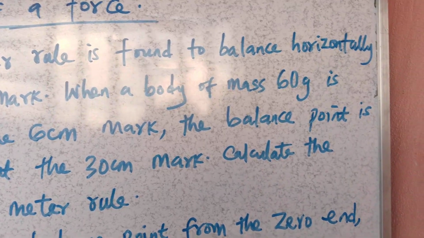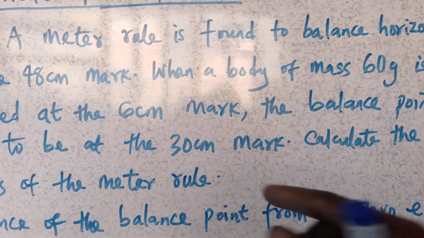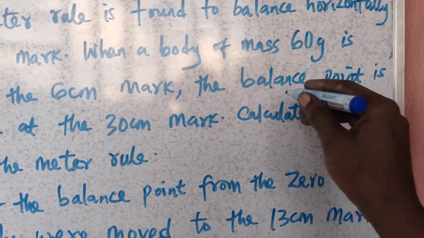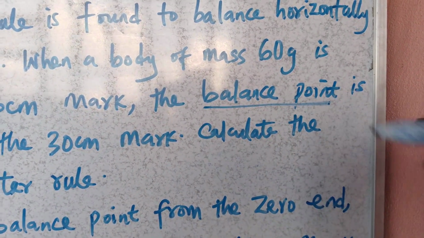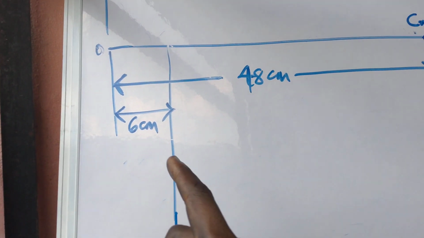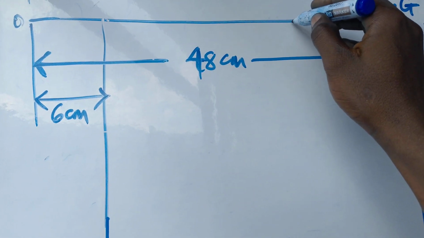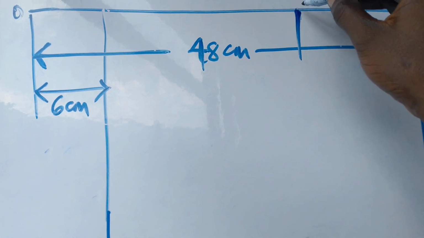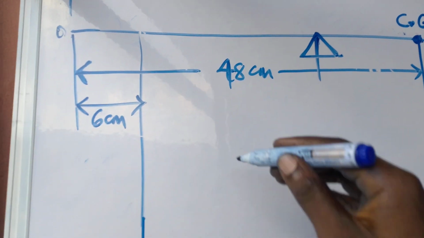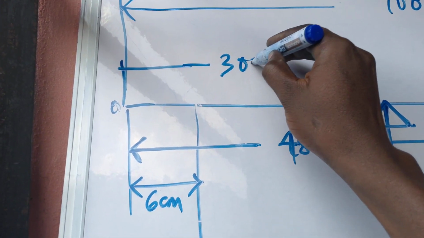Alright. It goes on to say that the balance point is found to be at the 30 centimeter mark. You must know that this balance point is the pivot or the fulcrum. So the pivot is found to be at the 30 cm mark. If the distance from here to here is 48 cm, it means that 30 centimeter will be somewhere at this point. So I call this my pivot, which is the balance point.